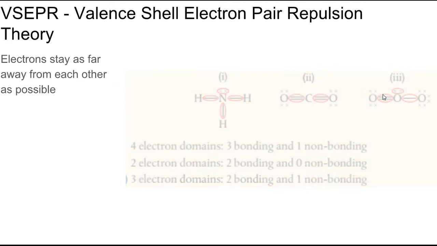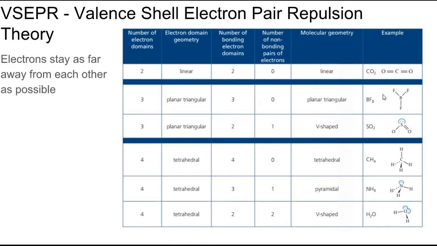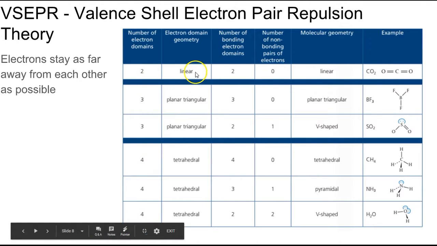Now, what this allows us to do is, once we have figured out the bonding and non-bonding domains, we can use this chart to figure out what the shape of that molecule is going to be. The number of domains is listed here on the left.